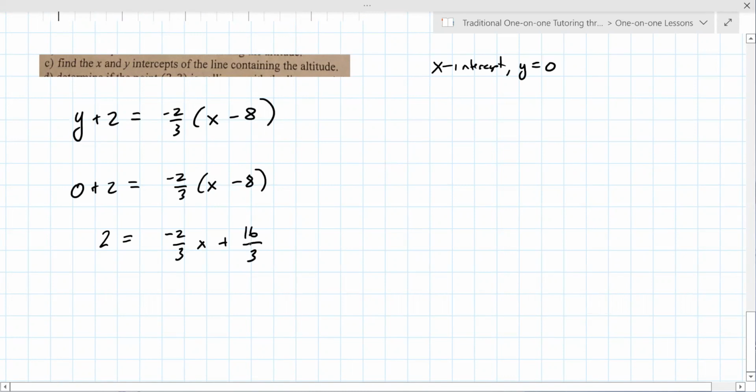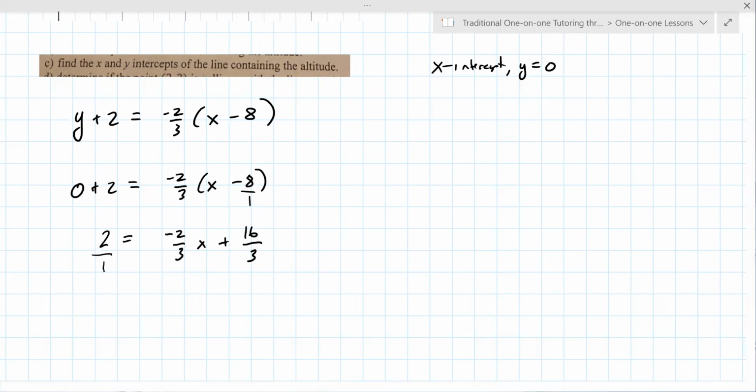Okay, so I'm at the part where it's 2 equals negative 2/3 x, minus, or I guess it would be plus since there's 2 negatives, plus. Yes. So when it's 2/3 going into 8, you wrote 16 over 3. So am I just treating it like there's a 1 below the 8? Exactly.